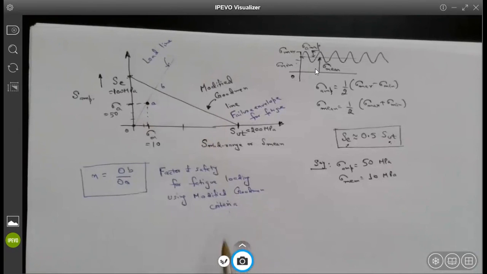Analytically, it is represented by this equation: sigma A divided by SE plus sigma M divided by SUT equals 1. This is the equation of a straight line, which is this line.